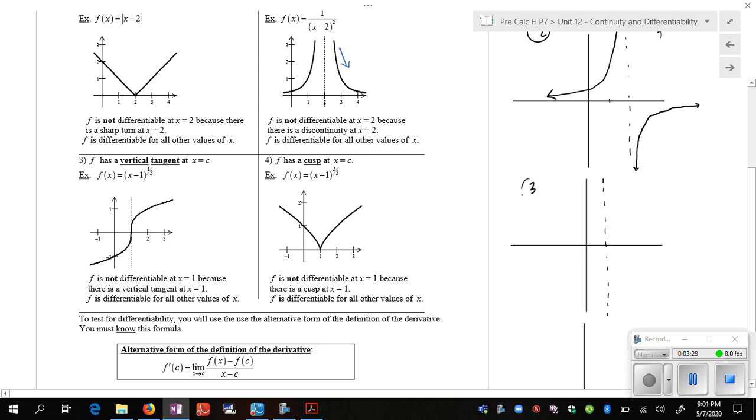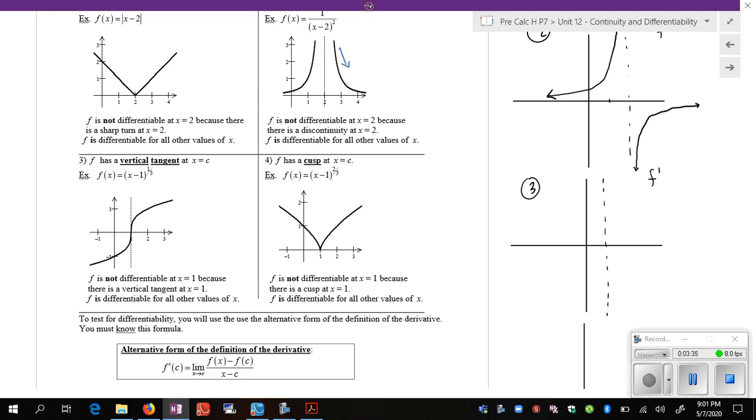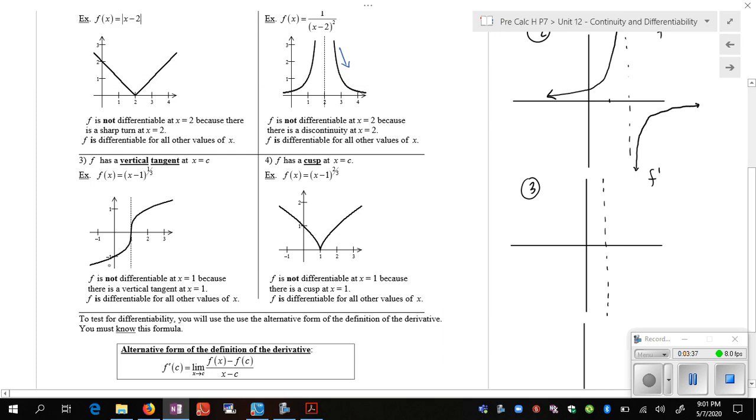All right, so now the derivative for number 3 is going to have a discontinuity at x equals 1. Let's think about what's happening here. Slopes are positive, getting a little bit more positive, and then right at this point, it's a cube root function that's been shifted.